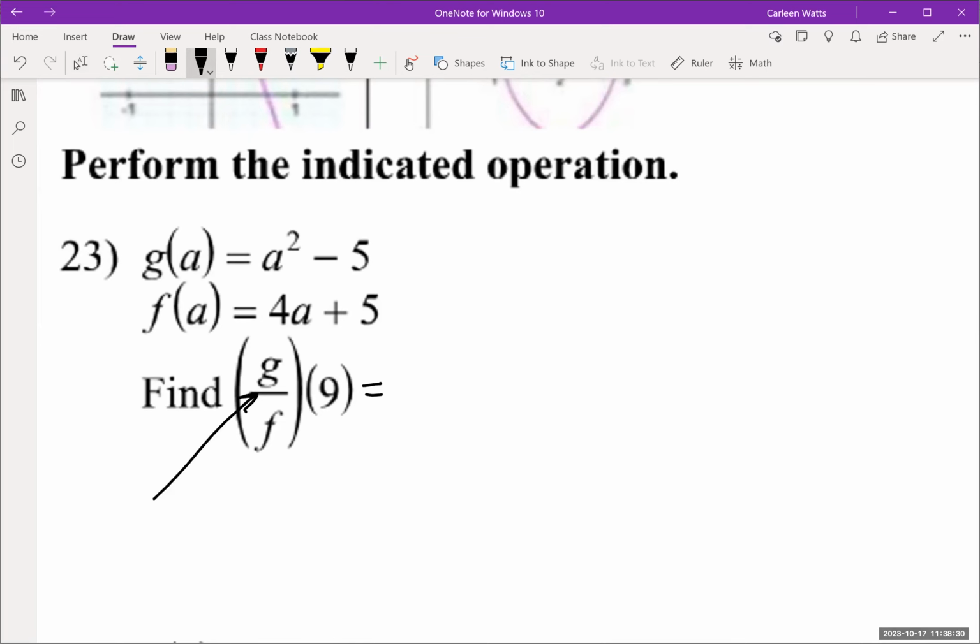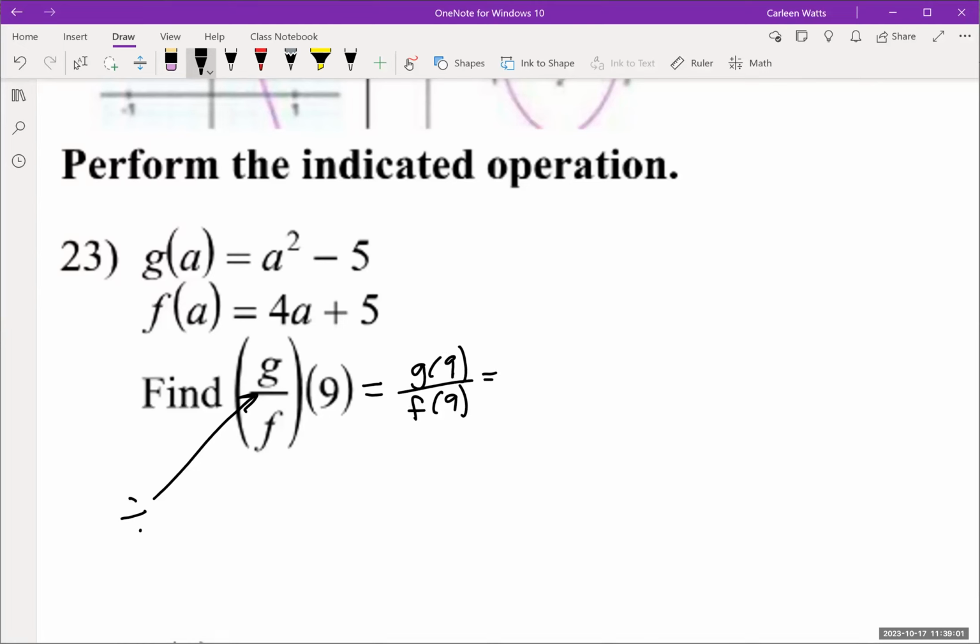So this line, what do you think it's saying to do with my answers once I get answers? Divide, right? So this is saying plug 9 into G and plug 9 into F and then divide them. G of 9 and F of 9.